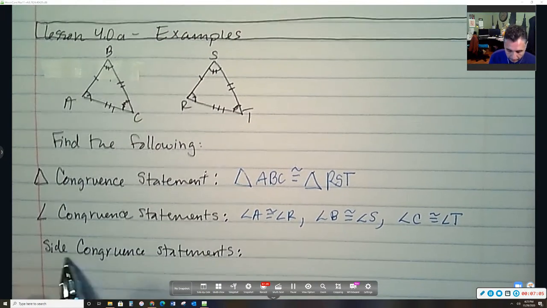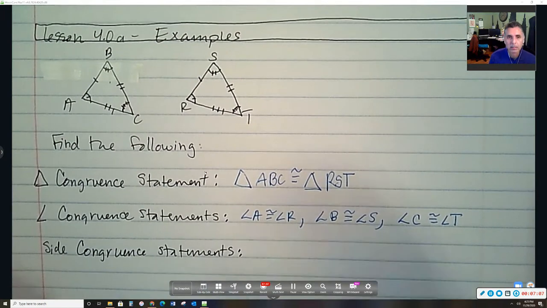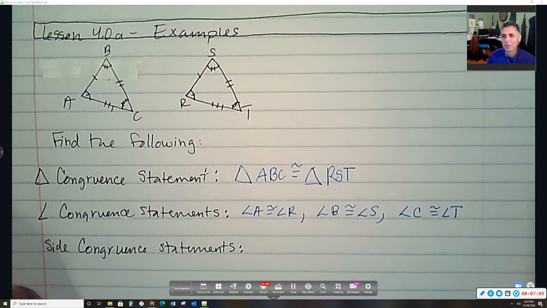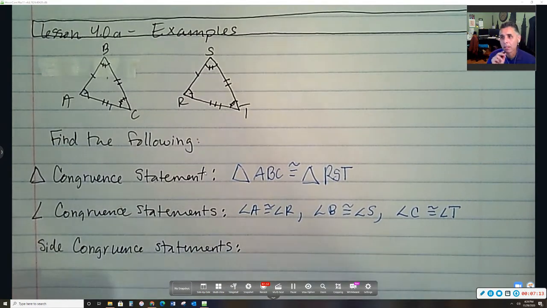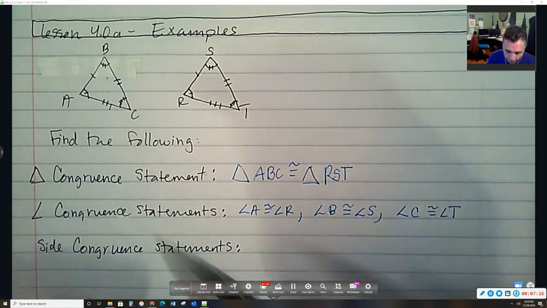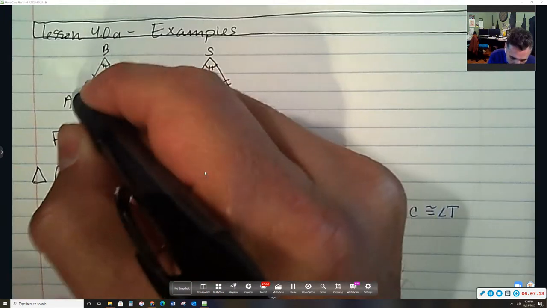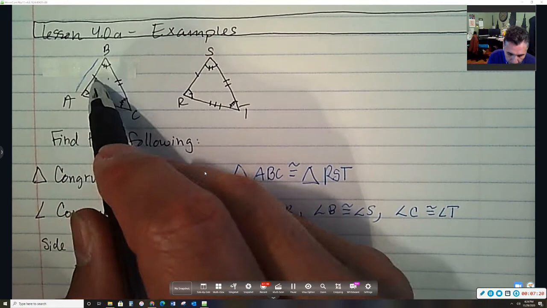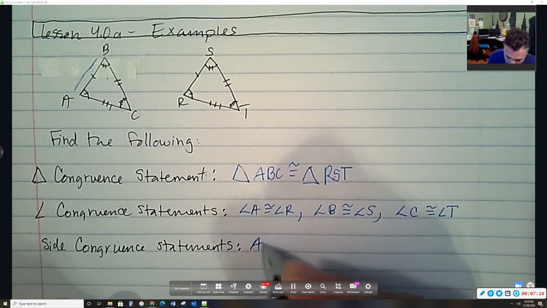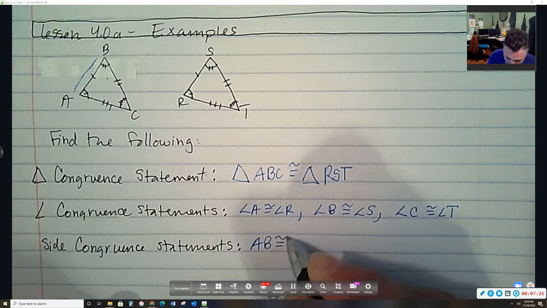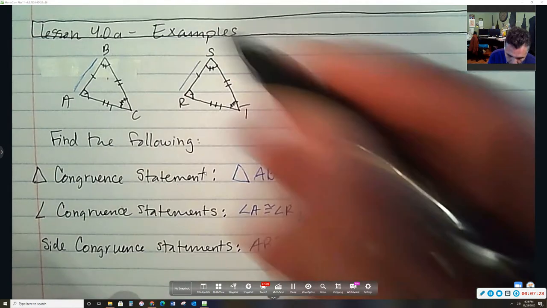And then the side congruent statements, again, that's just saying which sides pretty much are matching up to each other, or which sides are congruent based on the markings that are on my triangle. So again, first you have this one. I always go in order for 1 mark, 2 marks, 3 marks. So this is AB. Side AB is congruent to this side, which would be RS.